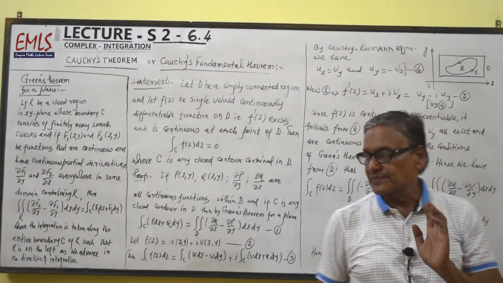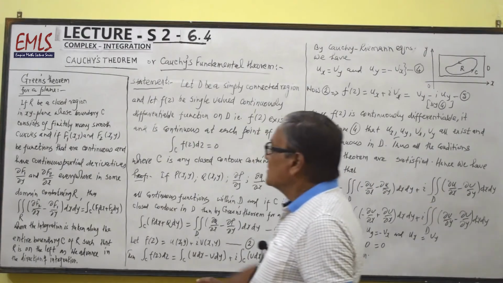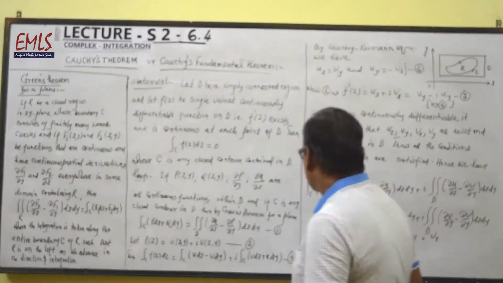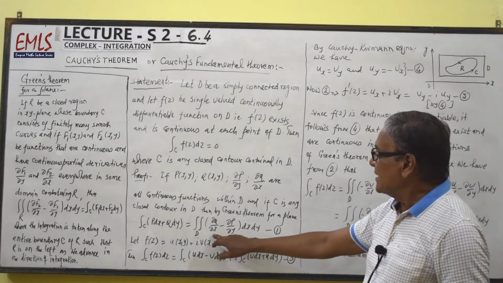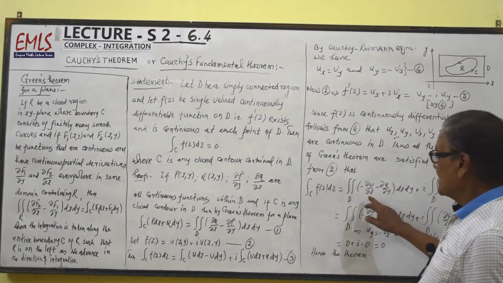How does it follow? Here it is del f2/del x, so it is del Q/del x minus del P/del y.